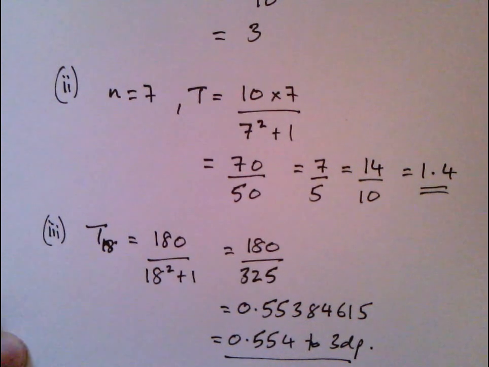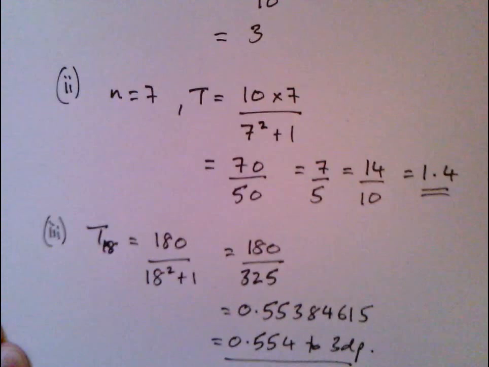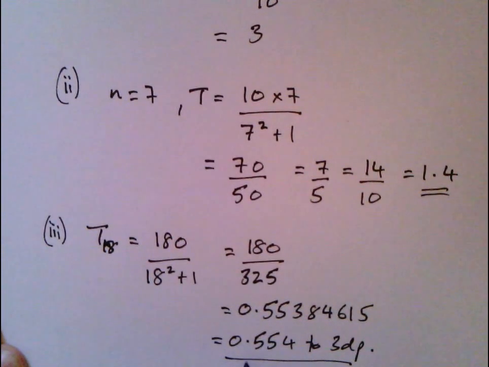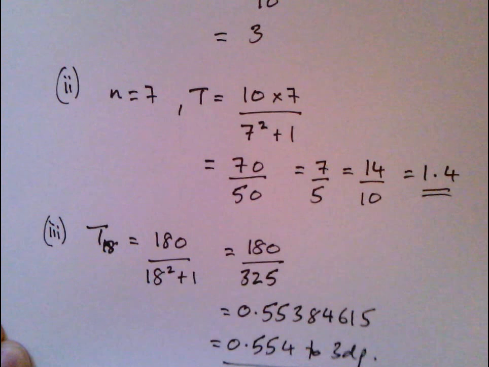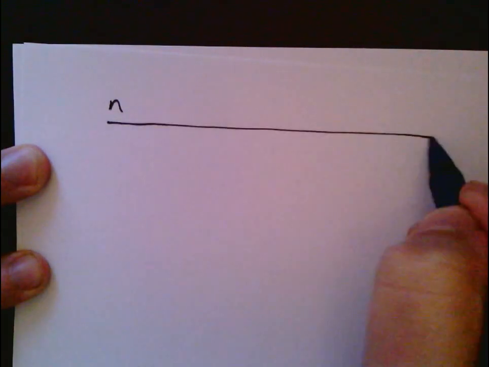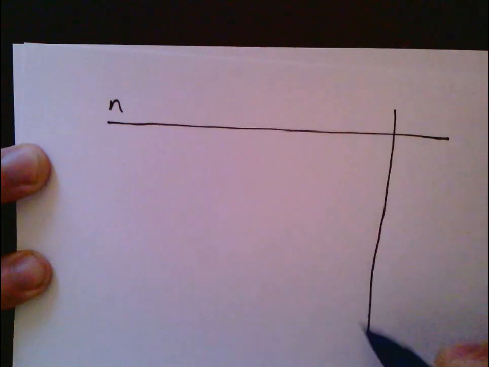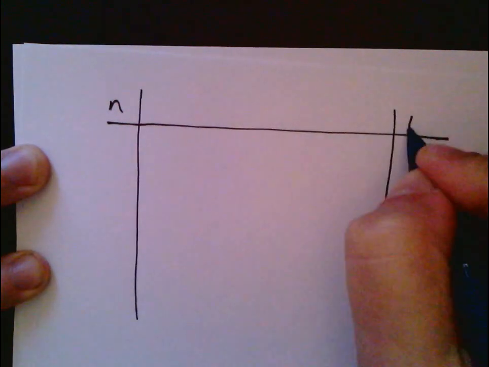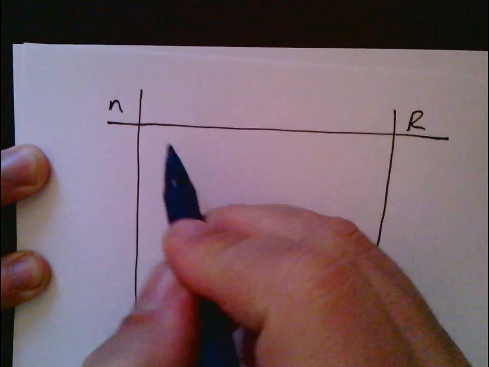Last one, trial and improvement to find the first term that's less than a half. Now 18 is pretty close, so I would suggest we try 20. We can put this out in a table, which will help us systematize it. I'm just going to leave this space for working.